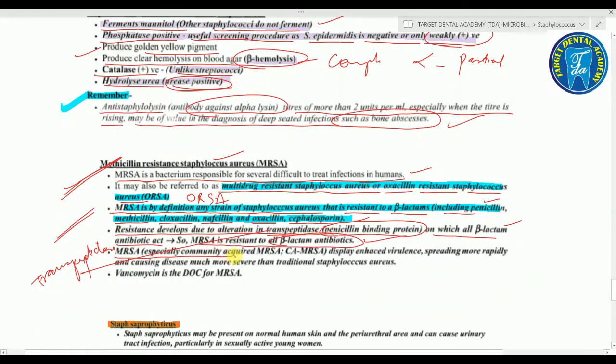MRSA, especially community acquired, CA-MRSA, displays enhanced virulence, spreading more rapidly and causing disease much more severe than that of the traditional Staphylococcus aureus. So vancomycin is the drug of choice for MRSA.